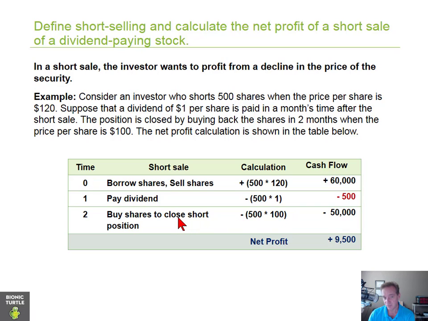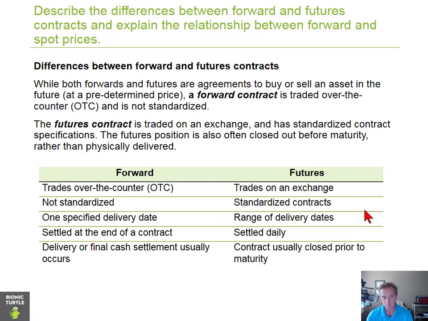Now the short seller closes the position by buying those shares back, a cash flow of negative 50,000. We can see here that the net profit is 9,500. There's 10,000 on the price drop, but that net profit has been reduced by the dividend.